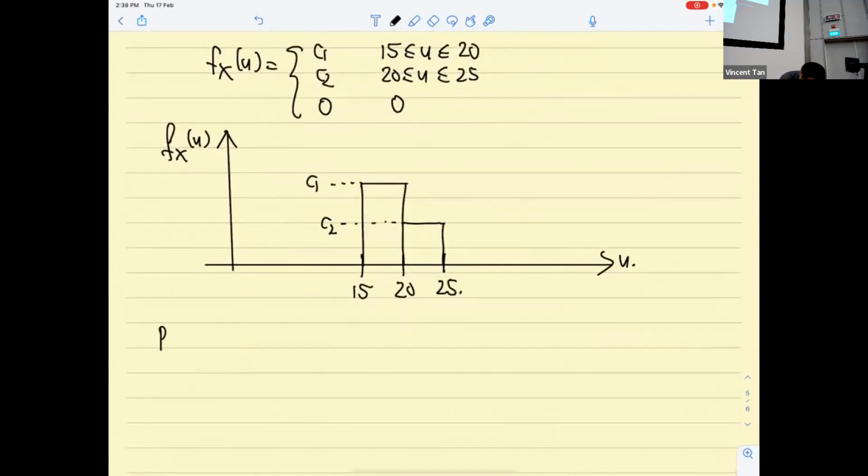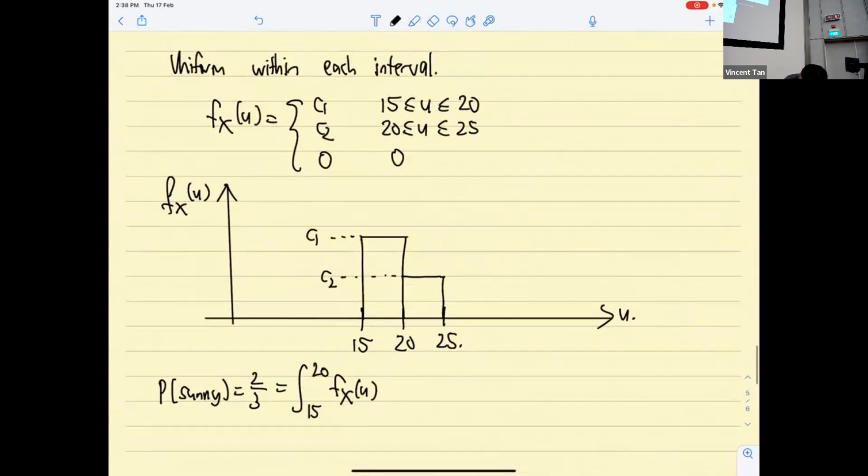So we know that the probability that it is sunny is 2/3, right? So let's try to find C1. What is the probability that it's sunny? It's 2/3, but it can also be written as the integral from 15 to 20 of fX(u), because that's the sunny portion. And that is the rainy part. I'm integrating this part here.